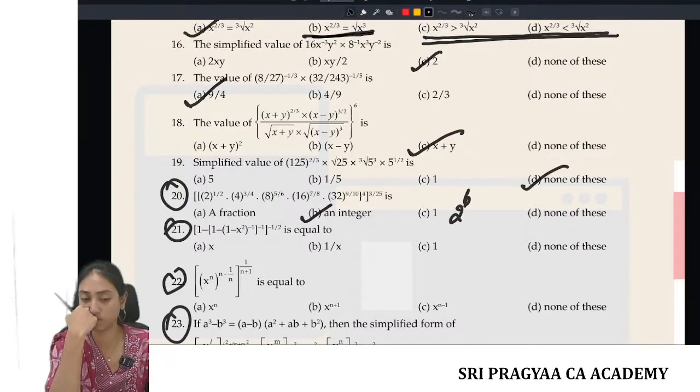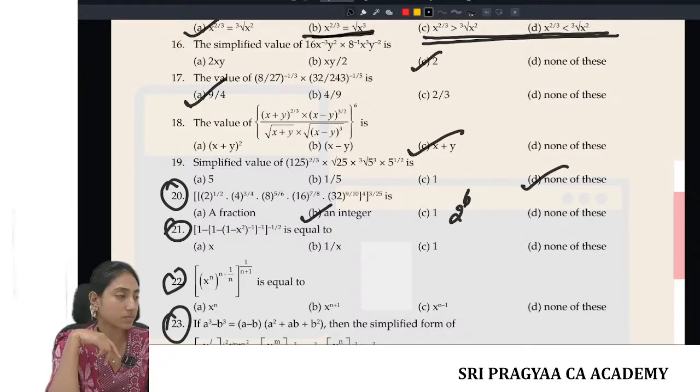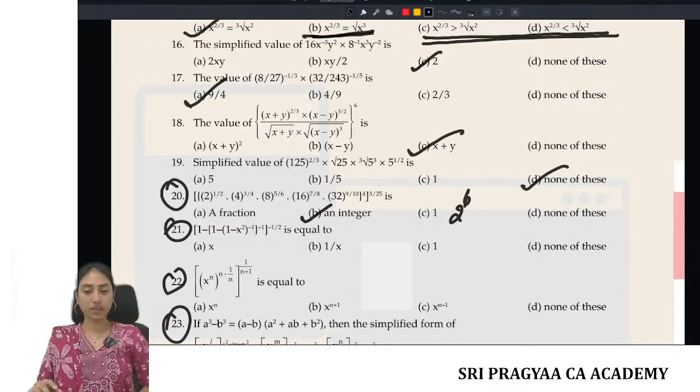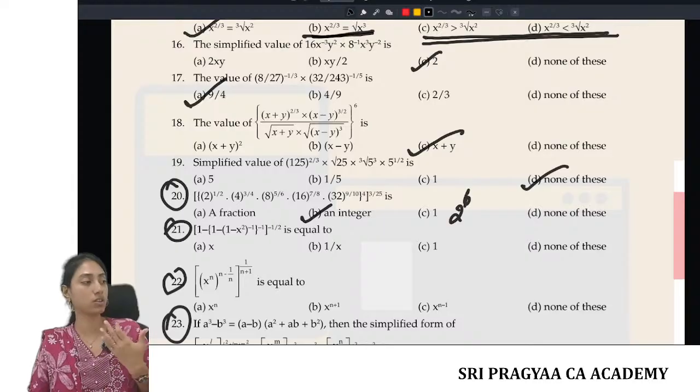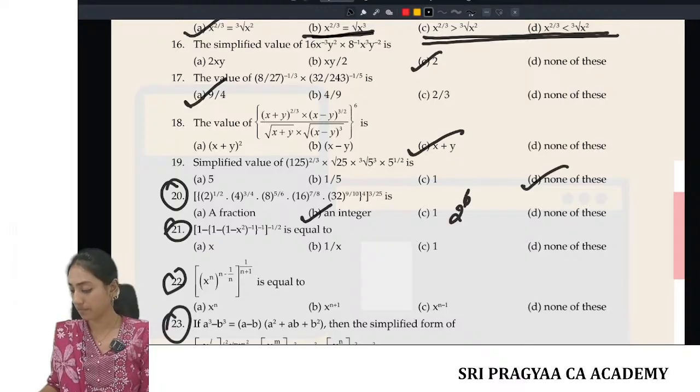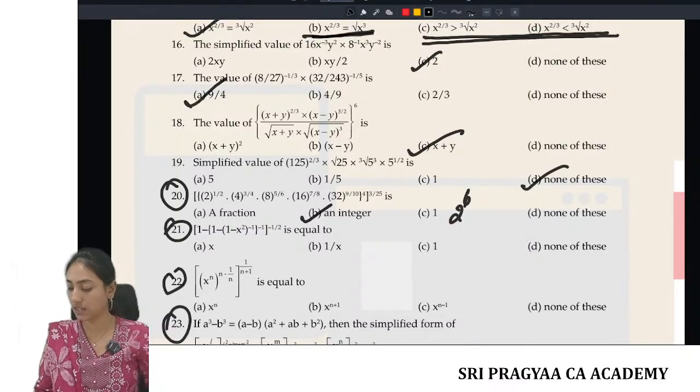Guys, which sum are you in? 20. You're actually not audible. You're saying you're in 20, but pending. Okay, got it. But I want you to work on the pending sums so that if you have any doubt, I can walk you through the sums. Take your time, it's not urgent.